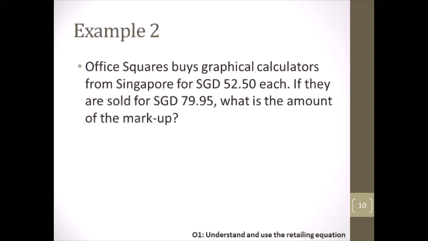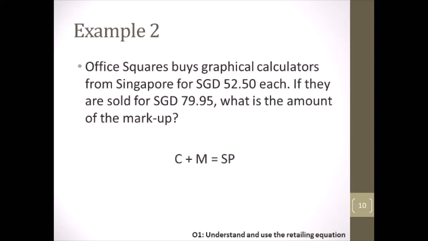Next item. Office Squares buys graphical calculators from Singapore for 52 Singaporean dollars and 50 cents. If they are sold for 79.95 Singaporean dollars, what is the amount of the markup? So in this equation, the missing is the markup amount.